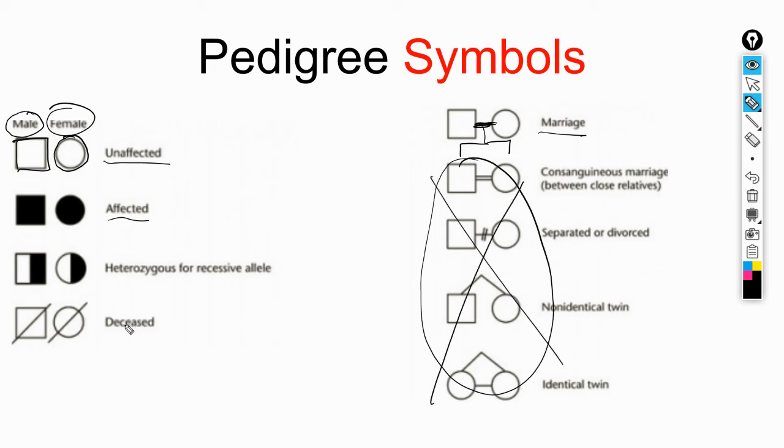We're not really going to look at deceased either, so you can kind of ignore that. Sometimes you might see this, okay? You might see half of a square or half of a circle shaded in, which tells you that the individual is heterozygous. However, sometimes when they're not shaded in, if it's a recessive disorder, they can be heterozygous, but it just doesn't indicate it by shading half of the square or circle in.